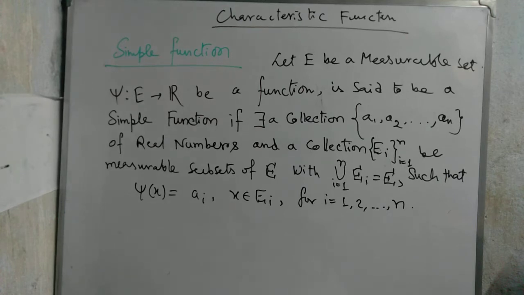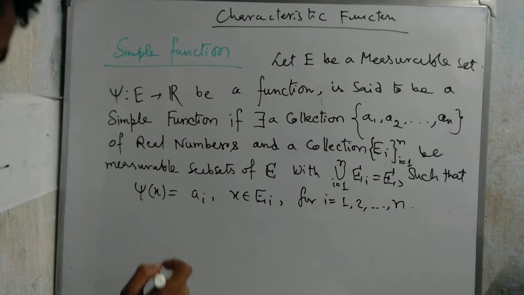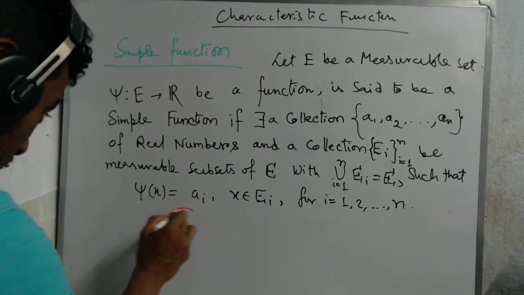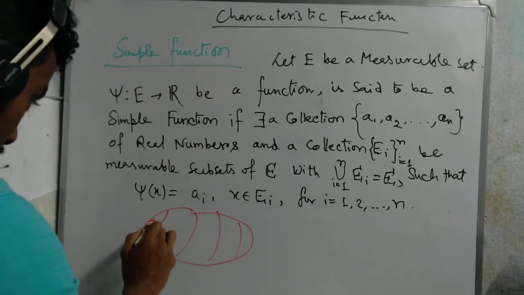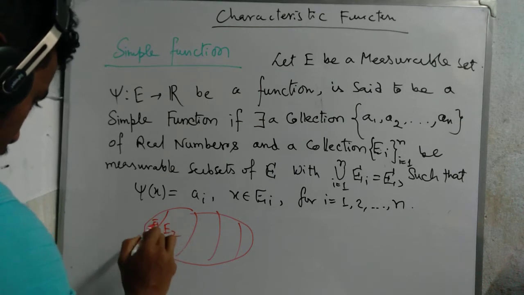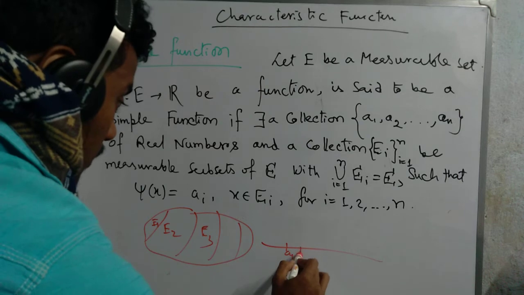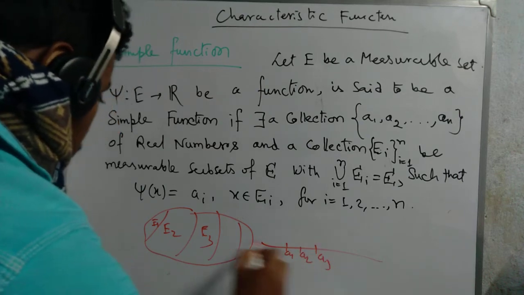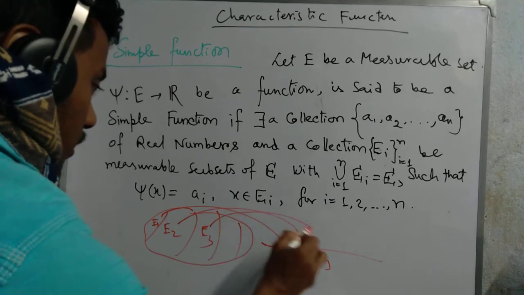Then we say this function psi is said to be a simple function. Now we also see it this way: if we write this one and partition into E1, E2, E3 in this way, and real numbers a1, a2, a3 in this way, then this function is defined in this way.